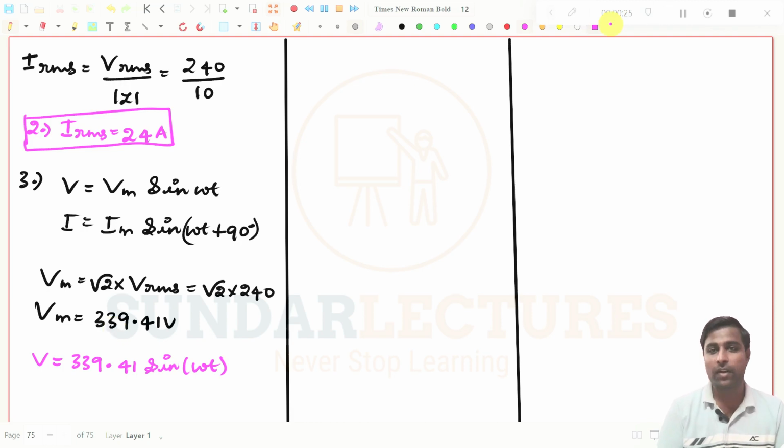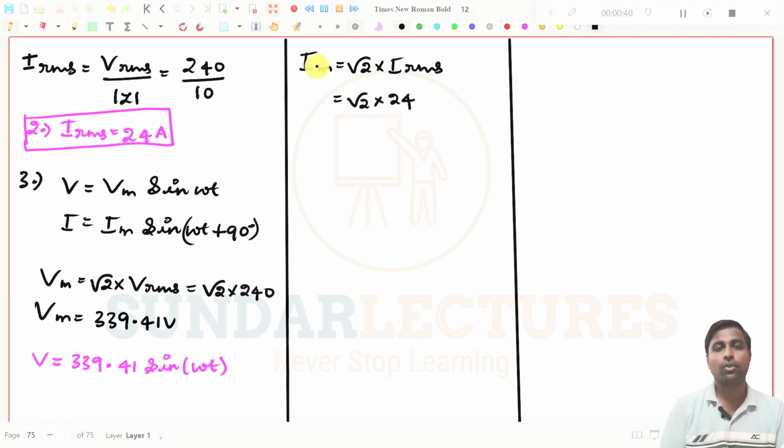And if you want to find the value of current, Im will be equal to square root of 2 into IRMS. So I can write square root of 2 into 24. I will write it in a different color.